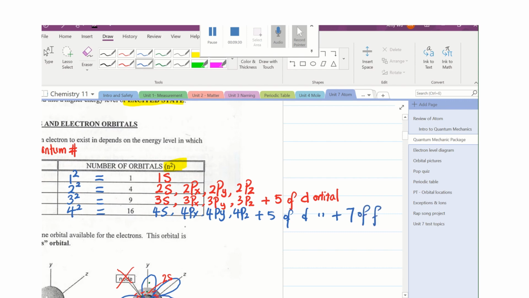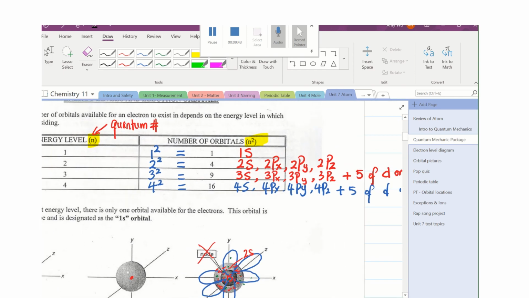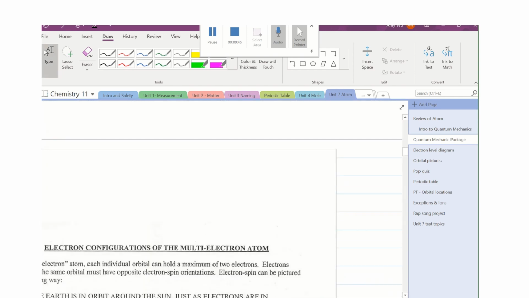Okay, so 4 plus 5 plus 7, that's exactly 16. So don't worry about all these for now, and it'll get easier, trust me. Okay, so those are the orbitals.